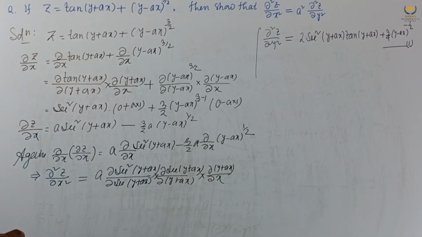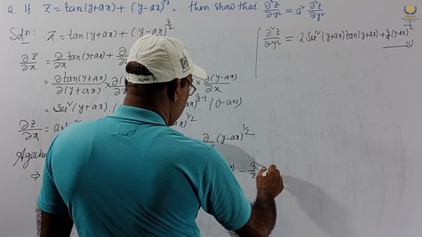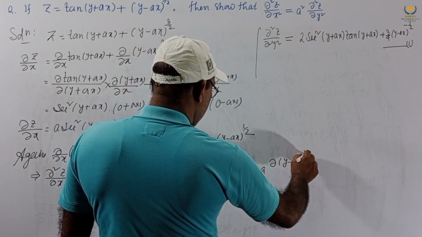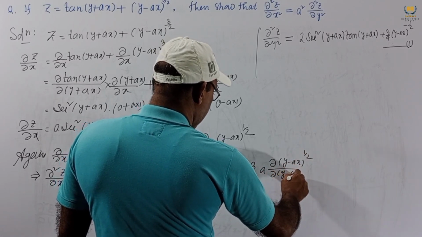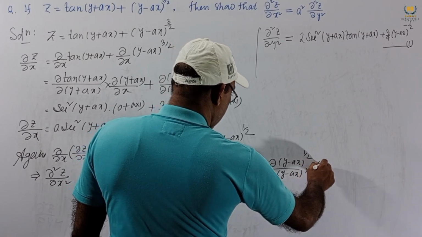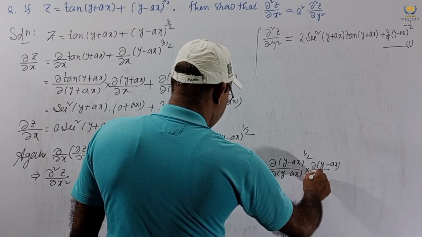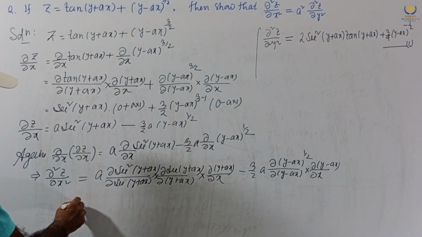We get this. And here minus 3 by 2 a del (y minus ax) to the power 1 by 2 by del (y minus ax) into del (y minus ax) by del x. We get this.